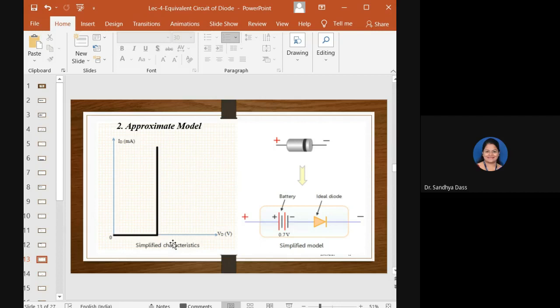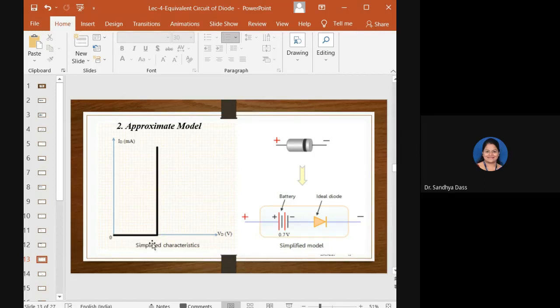Say we are discussing a silicon type of diode. From 0 to 0.7 you have a horizontal line, which indicates that the current flowing through the diode is 0, isn't it? Till you reach 0.7, the current will be 0.